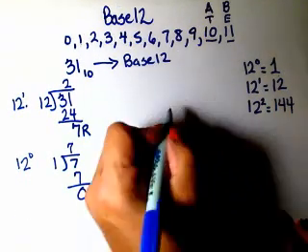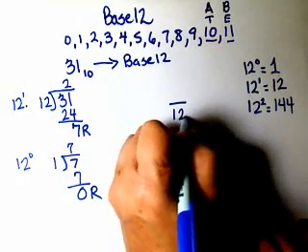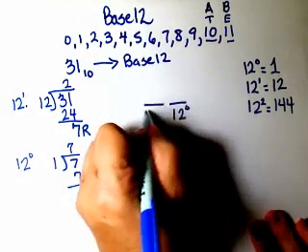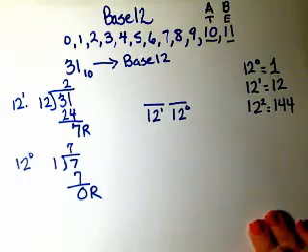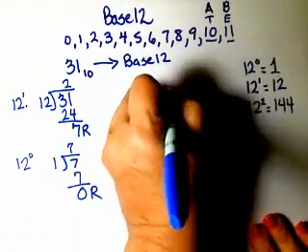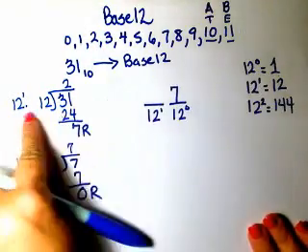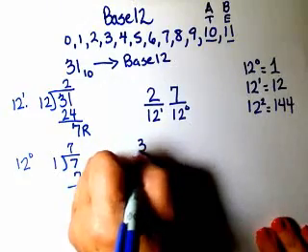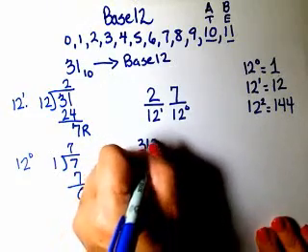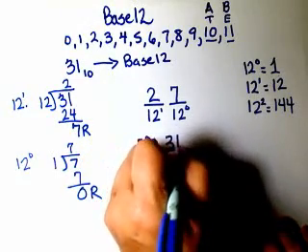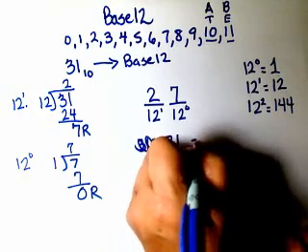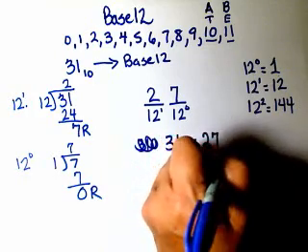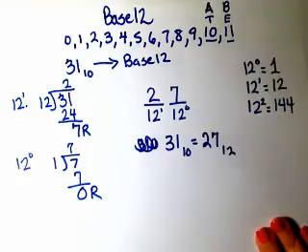So I have 12 to the 0 is 7, and 12 to the first power is 2. So 31 base 10 equals 27 base 12.